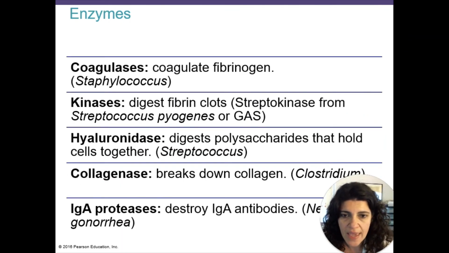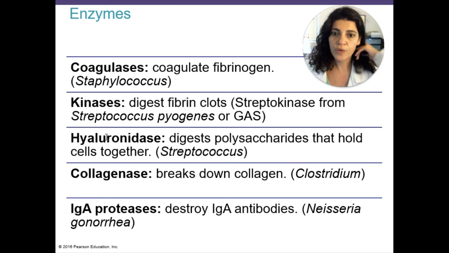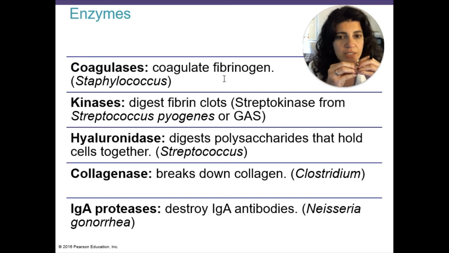Now we're going to talk about enzymes that are produced by microbes and are super important in causing disease. So we have coagulases. They help to coagulate fibrinogen. Staphylococcus produces coagulase.